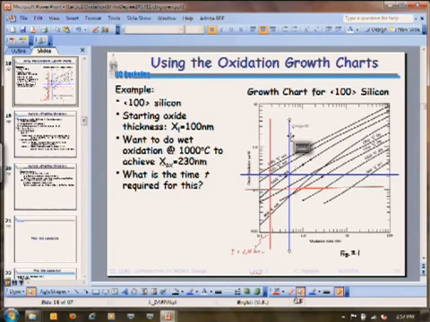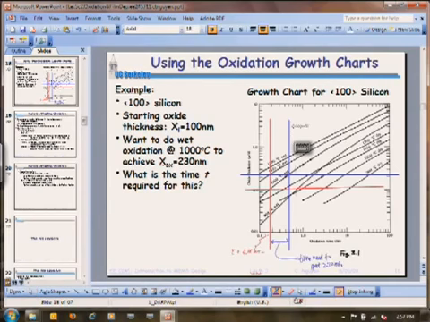Not from this point to there, but this. Okay? That now is the time needed to get 230 nanometers. Okay, and if you look at this, this is going to be about 20 minutes.